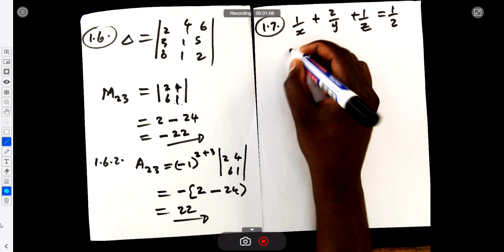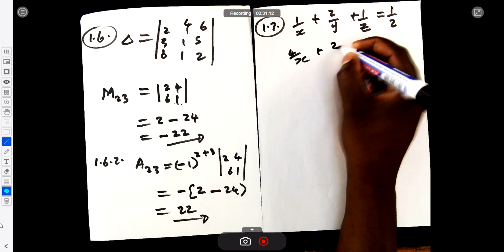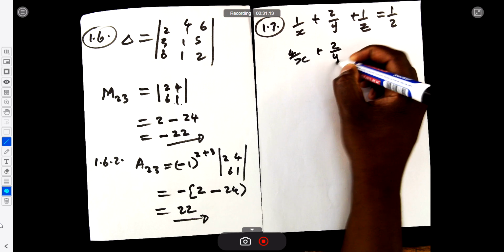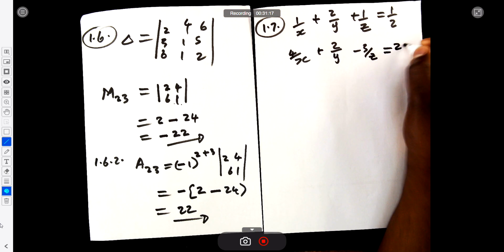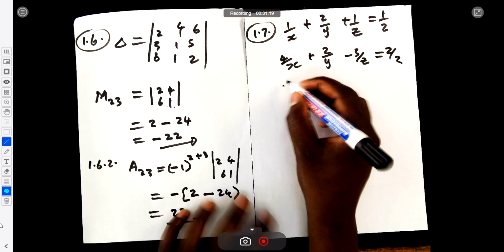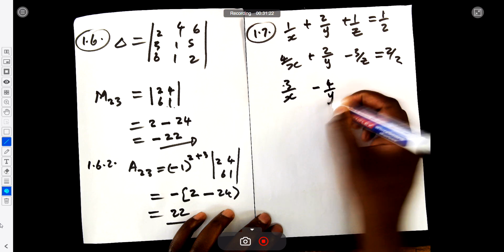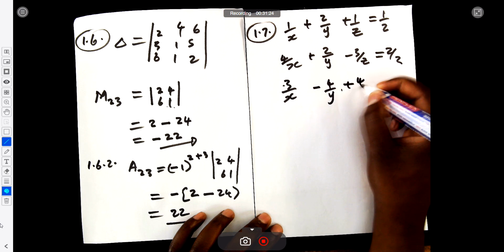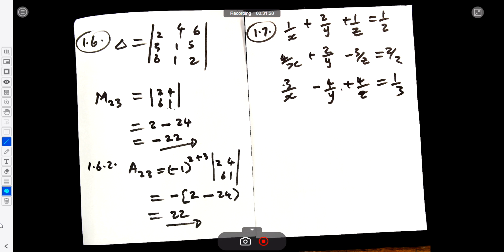The other equation is 4 over x plus 2 over y minus 3 over z equals 2 over 3. The other one is 3 over x minus 4 over y plus 4 over z equals 1 over 3. We need to solve for z. So quickly, I just want to show you how you could deduce the determinants.